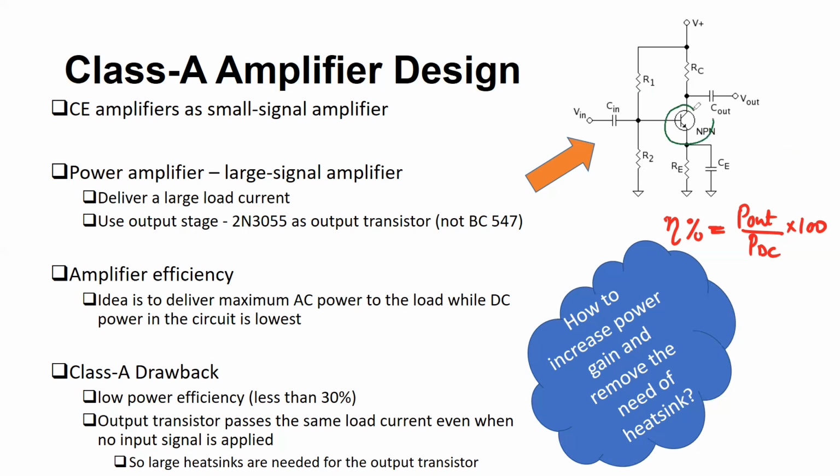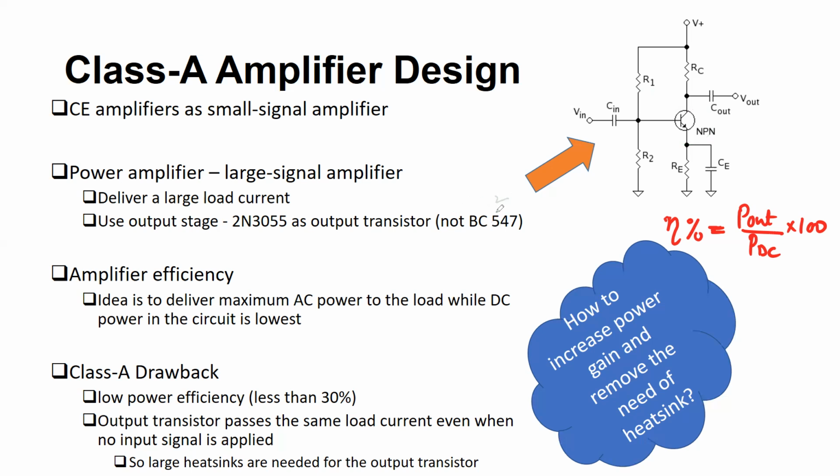The transistor that does such a job is called the output transistor or power transistor. If you want to use it as a power amplifier, you have to use a power transistor as the output transistor, such as 2N3055. You cannot use, for example, BC547 or 2N2222.